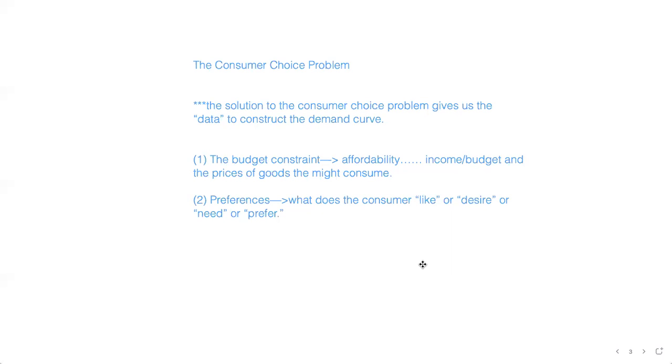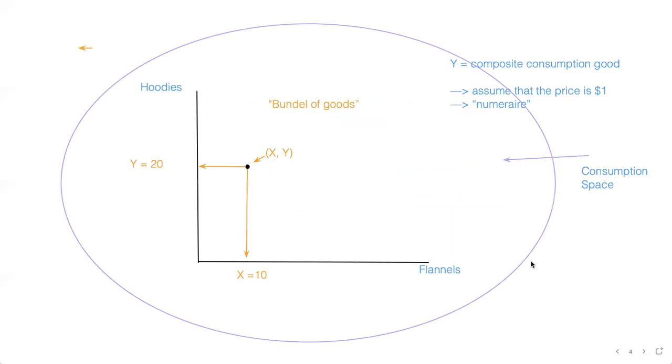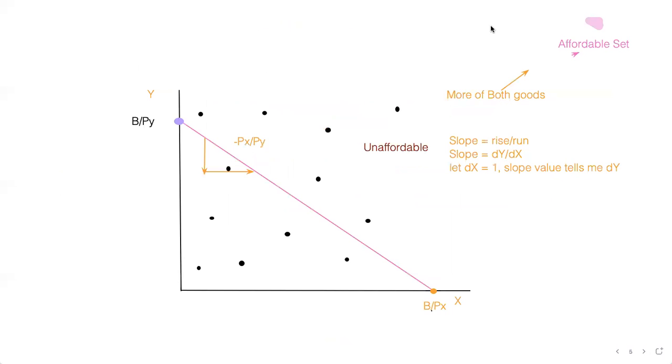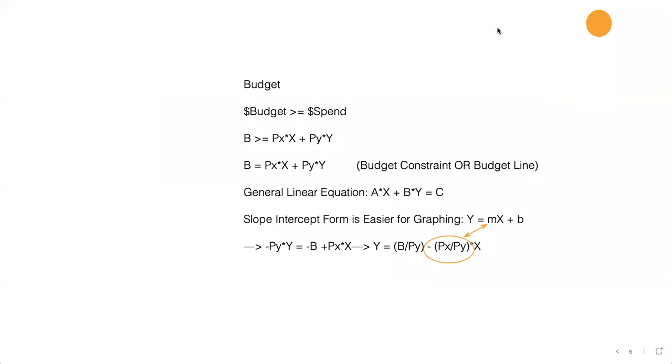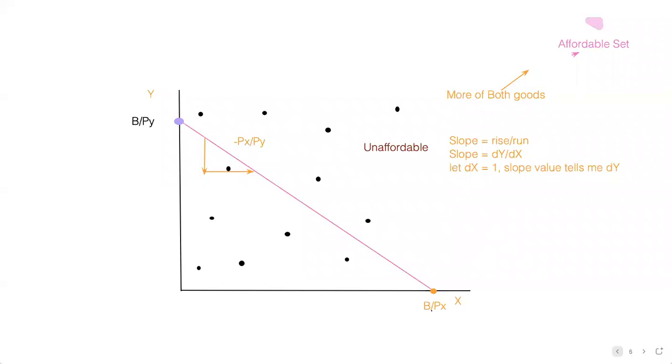But if we have time next time, I'll close the loop and we'll do the next part, which is talking about how we can then introduce preferences and come up with an exact prediction of which of the affordable consumption bundles the consumer will actually purchase.